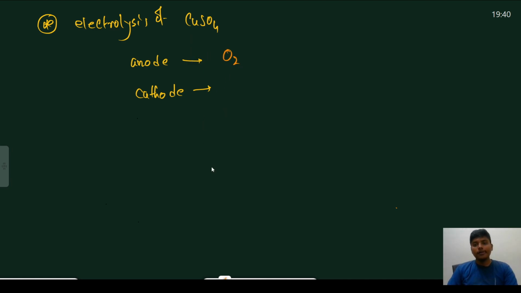At the cathode side, hydrogen and copper will form. Simple. Yes or no?